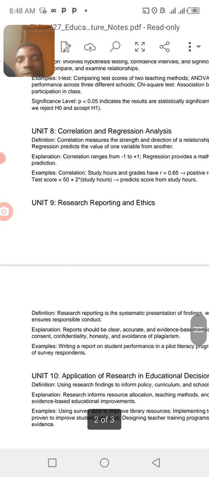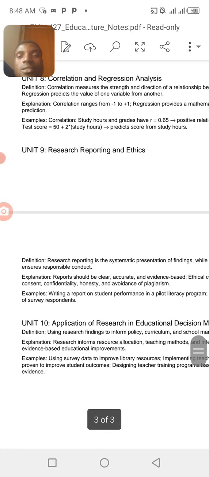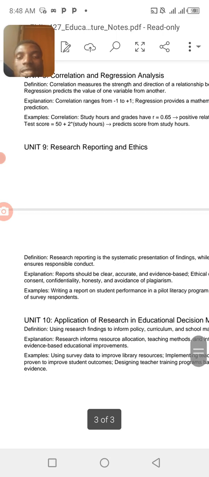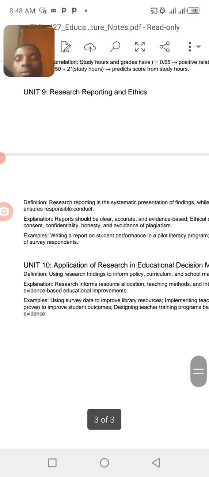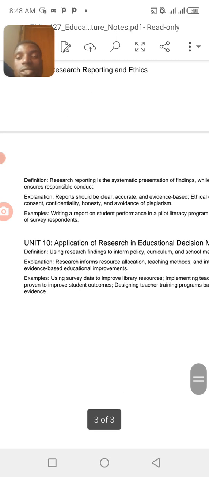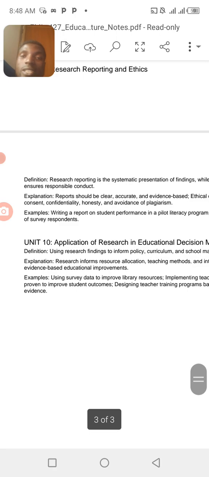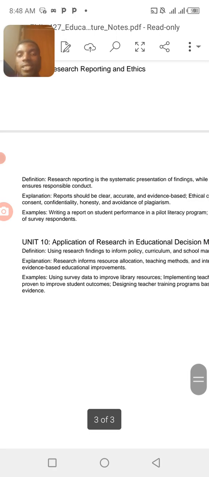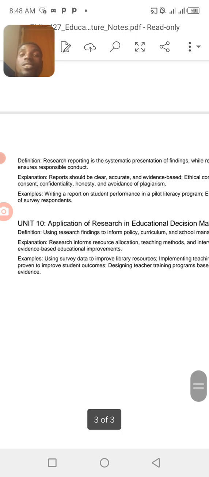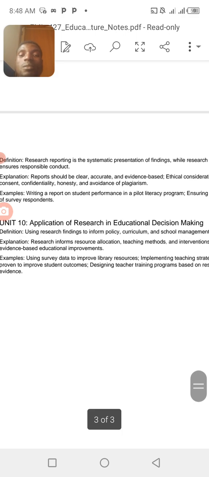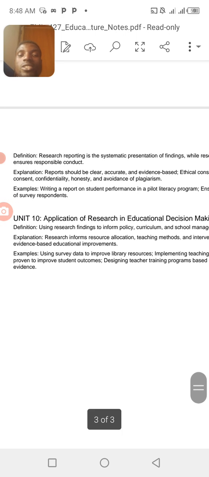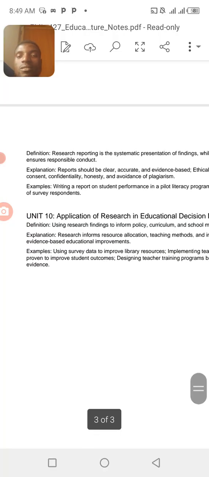Alright, so Unit 9, we're going to talk about research reporting and ethics. I'm going to look at the definitions, the explanation, and some key examples. Then the last unit, Unit 10, we're going to talk about application of research in education decision making.